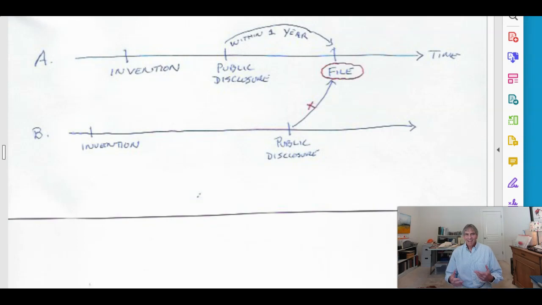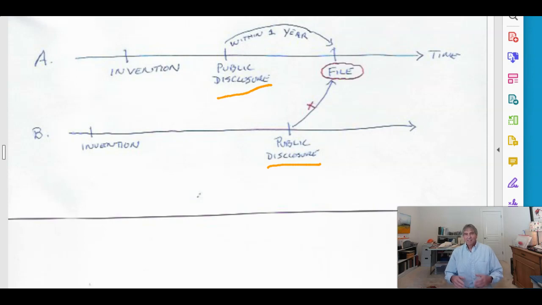Okay, I get asked this question a lot. What if I make a public disclosure before I file, knowing that I have a 1 year grace period, and then some other person makes their own disclosure before I file my patent application? I tried to depict this in Figure 5, where I am A and the subsequent disclosure is B. Does B's disclosure prevent A from having a valid patent because he publicly disclosed before A filed?